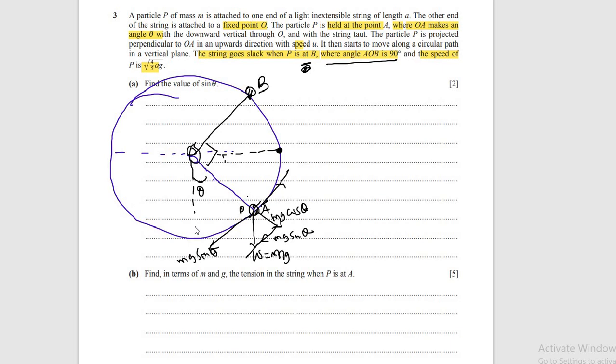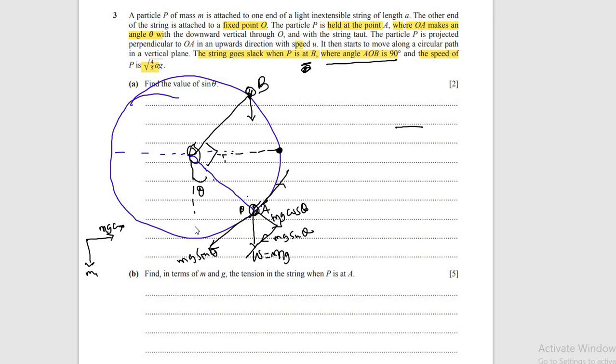First, let me resolve the forces again. This is the weight, mg. Now mg cos theta and mg sin theta are always perpendicular to each other.